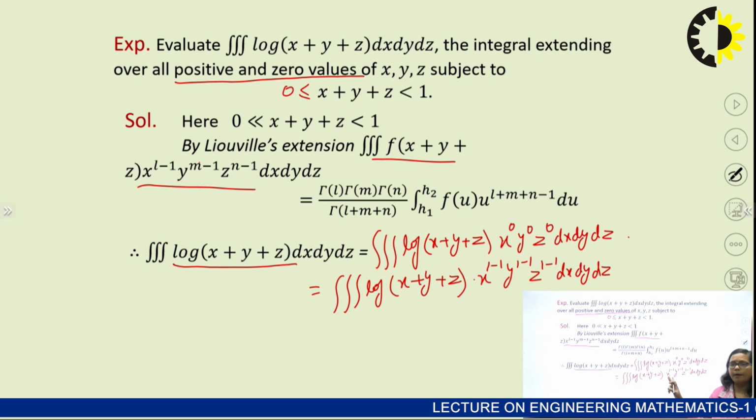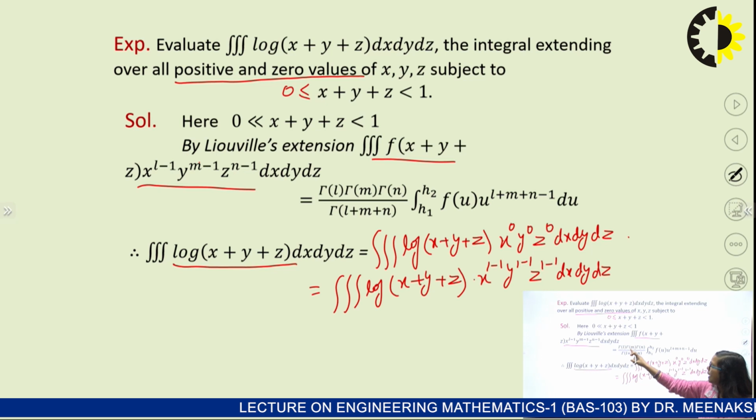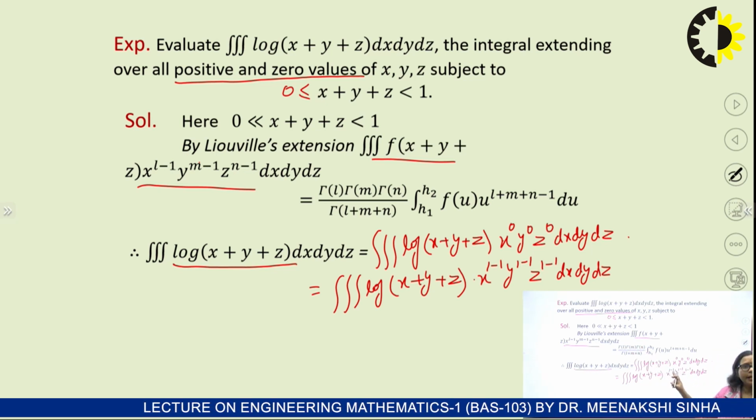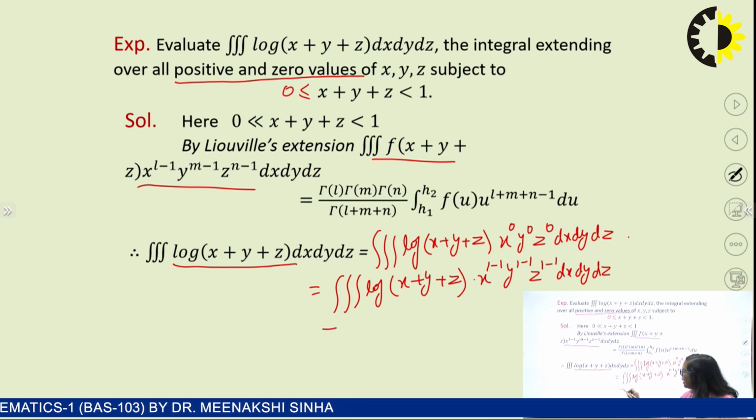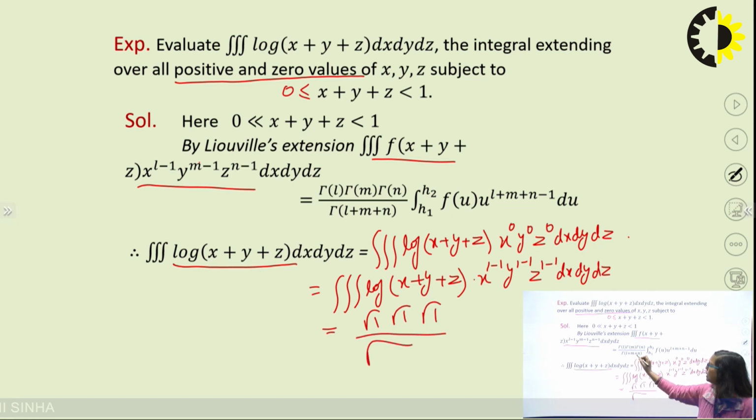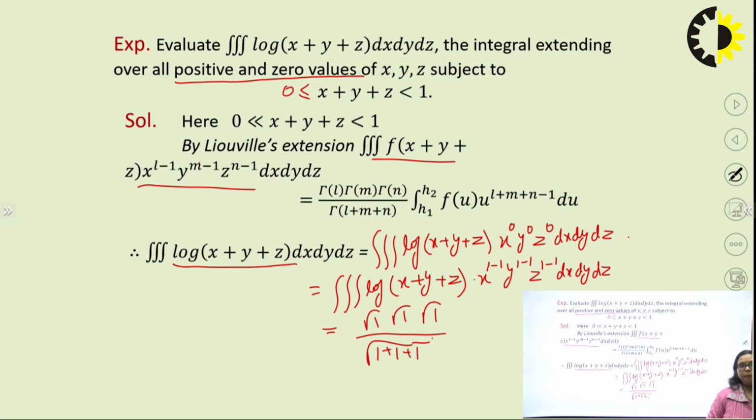I am writing this by using this right hand side part now. If you consider what L, M, N are, each element here takes the value 1, 1, 1, similar to the Dirichlet we have done. So L, M, N are the value 1. So applying the theorem, the first step, I have to write gamma 1, gamma 1, gamma 1, each is 1 here, upon gamma L plus M plus N. Plus 1 is not over here, which we have used in the Dirichlet integral, where it's L plus M plus N plus 1.